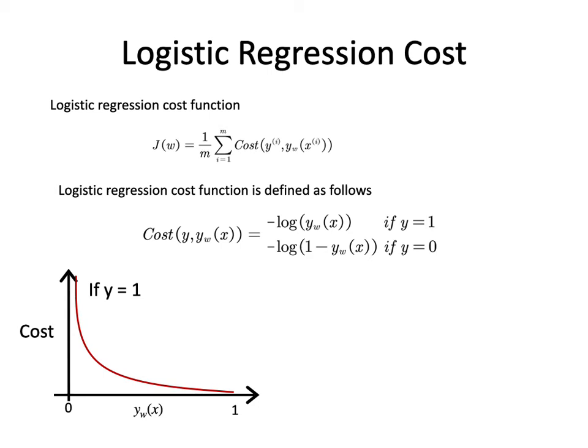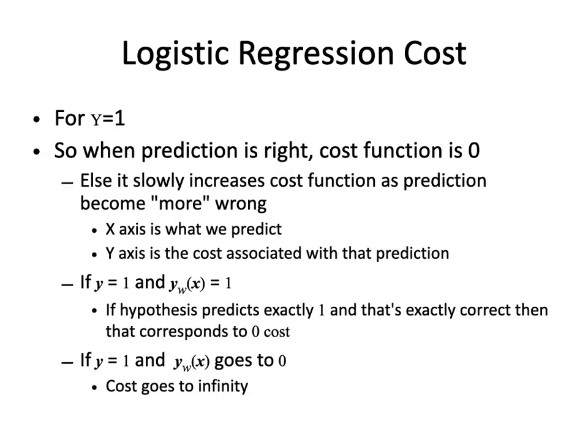Now let's suppose we are about to predict y equal to 1, and we can see here the plot of the cost function versus our prediction. If we plot the loss function versus the model estimate using the cost function separately, the x-axis is what we predict and the y-axis is the cost associated with that prediction. For y equal to 1, if our model predicts exactly 1 and that's exactly correct, then the cost corresponds to 0.